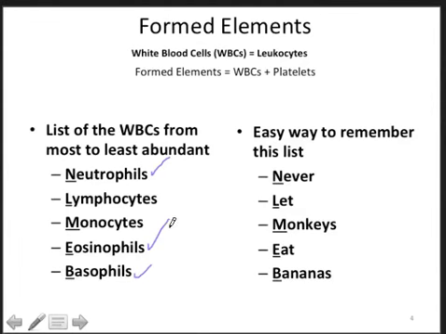The agranulocytes include the lymphocytes and the monocytes. Okay, so those are the agranulocytes. And there's a way to remember this, which is the mnemonic shown here: never let monkeys eat bananas.